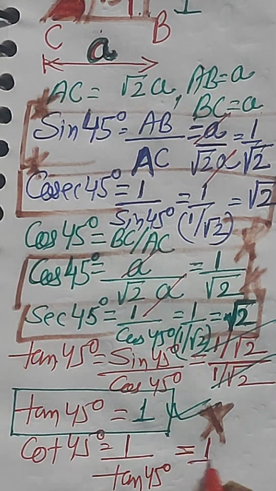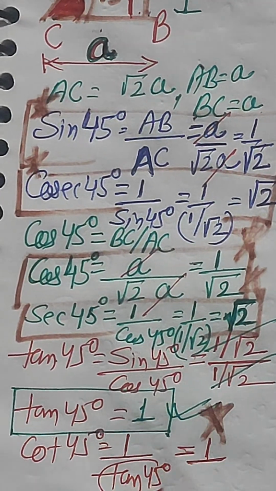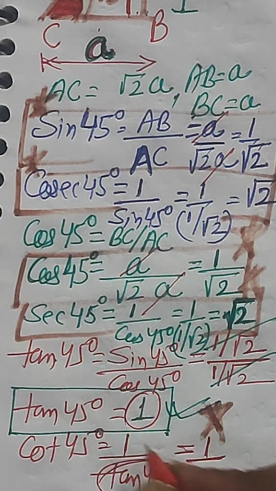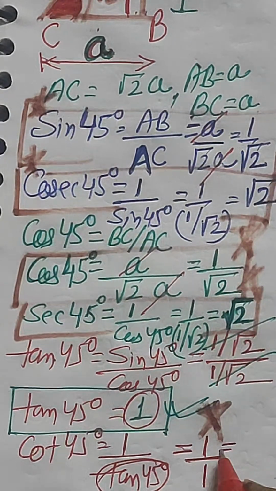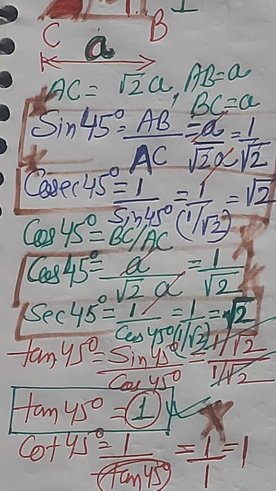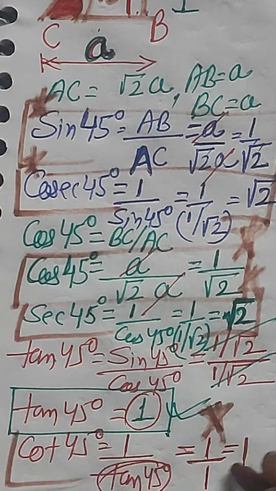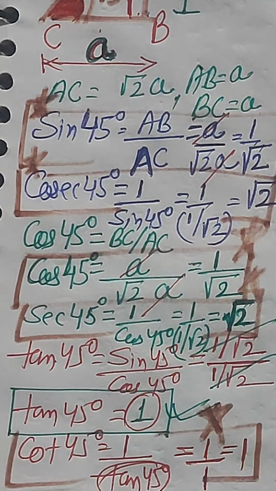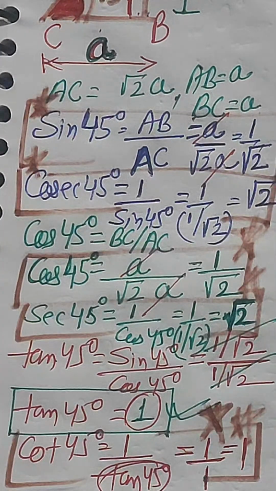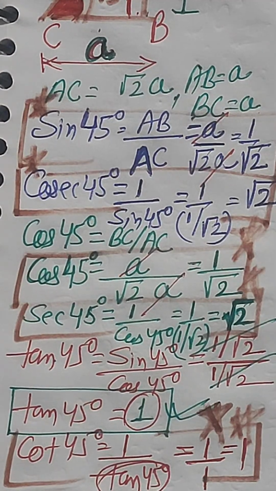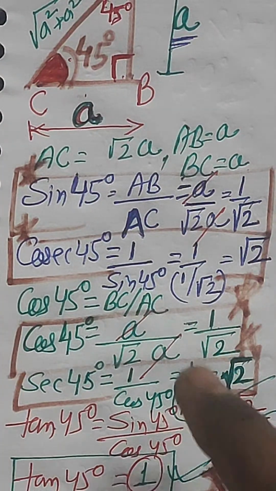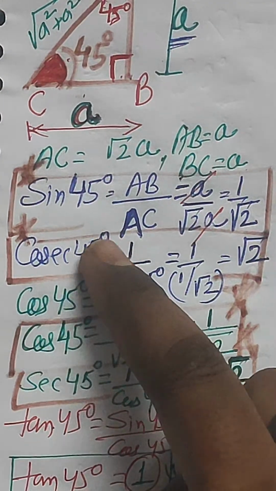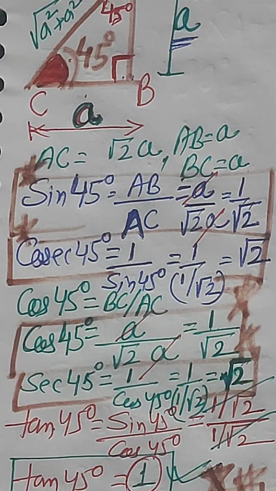That will go into the denominator, the value of 1, and that will come as 1, right? So here we can see the value of cot 45 is also calculated, that is 1. So in this way we have calculated the values of all trigonometrical ratios: sine 45, cos 45, sec 45, cosec 45, tan 45, cot 45, everything.